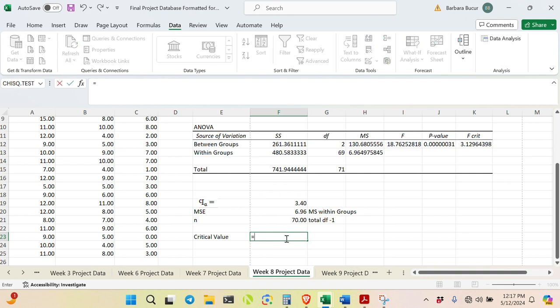So equals F19, and then the asterisk means multiply. And then within parentheses, we're going to type SQRT, so that's for square root. And then another parenthesis, and then we want the value in F20 divided by F21.